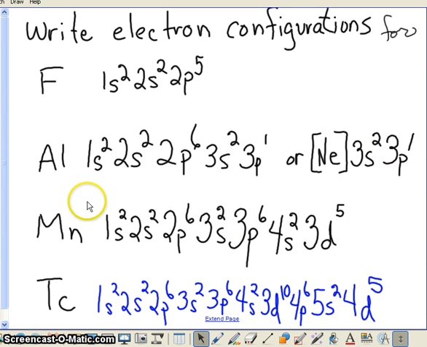Notice that if you look at the periodic table, manganese and technetium are right above or below one another. And notice the similarities in how their electron configurations end. One would expect that when you're looking at 2 elements that are in essentially the same family.